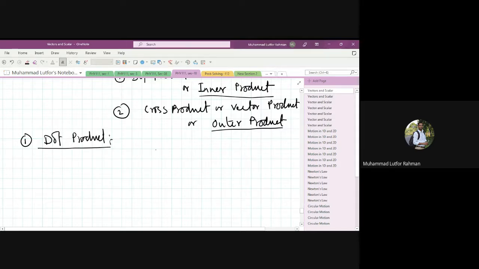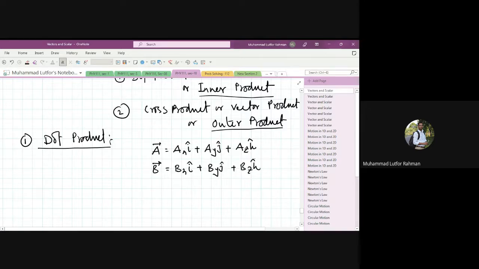Say I have two arbitrary vectors in the Cartesian coordinate system, which is A equals ax i hat plus ay j hat plus az k hat, and the vector B would be bx i hat plus by j hat plus bz k hat.